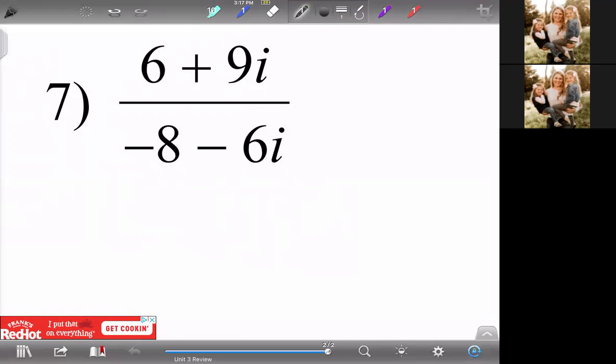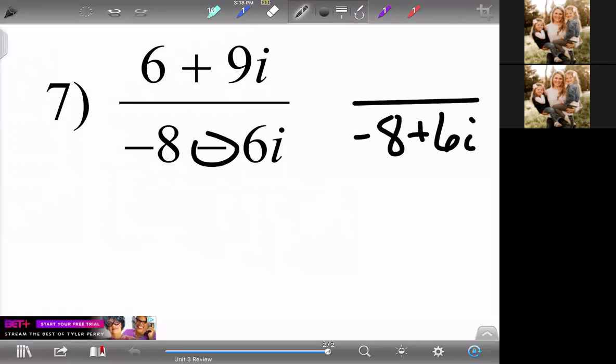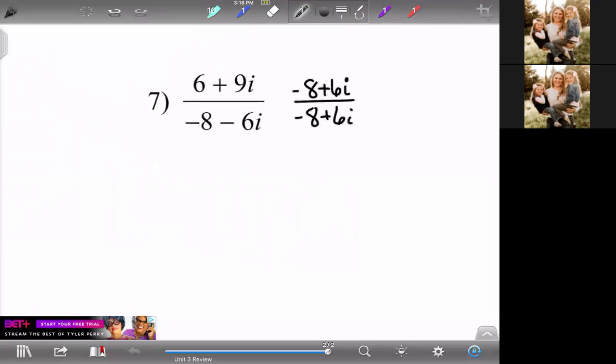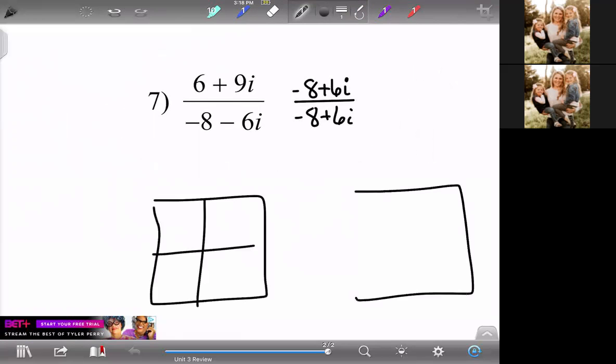So my conjugate's going to be -8 plus 6i. Remember, you're only allowed to change the sign right here in the middle. You're never allowed to change that -8 that's out front. And again, I'm going to draw myself two boxes, one for the numerator, one for the denominator.